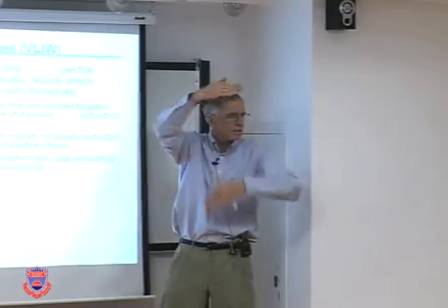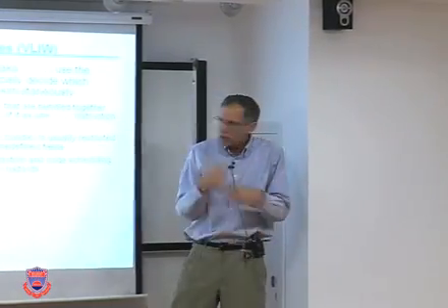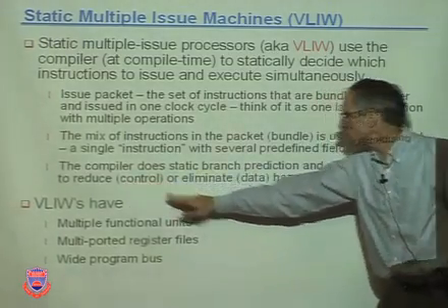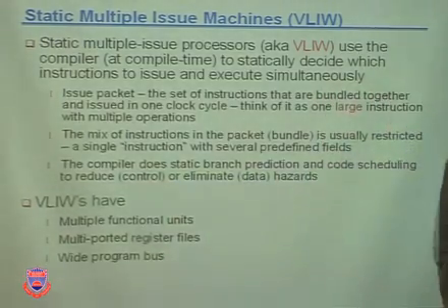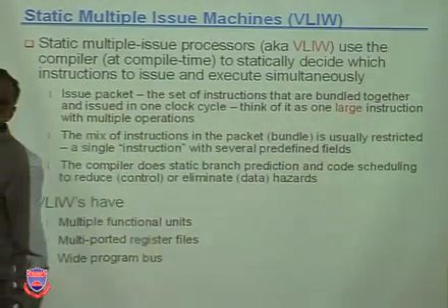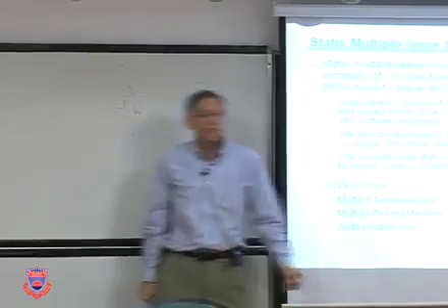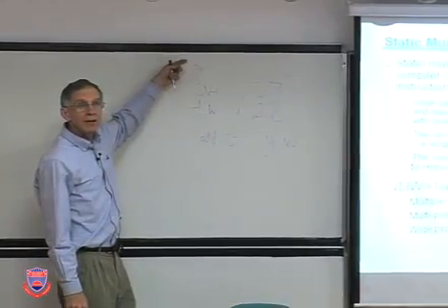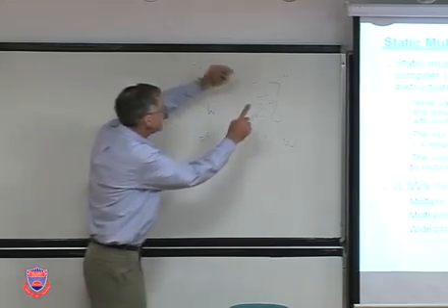Remember what code scheduling is? That's rearranging the order of the code so as to reduce the control hazards or possibly eliminate the data hazards. Here was a good example. If I move this load up to here, I get rid of a data hazard, if I can switch the order. But of course, to do that, I am speculating that these will be different.